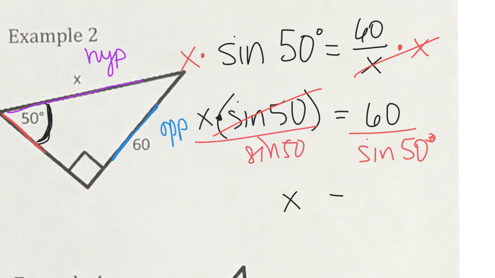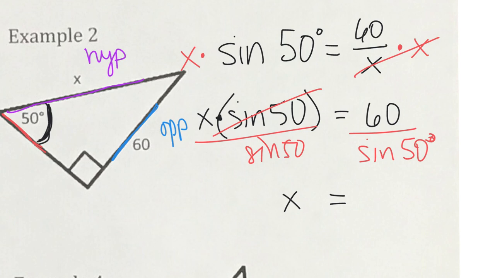So in our calculator, we're going to put it just like this. 60 divided by, hit your trig button, and then hit 50, and then hit your degree. Tell it we're talking about 50 degrees. Touch the degree button, right?